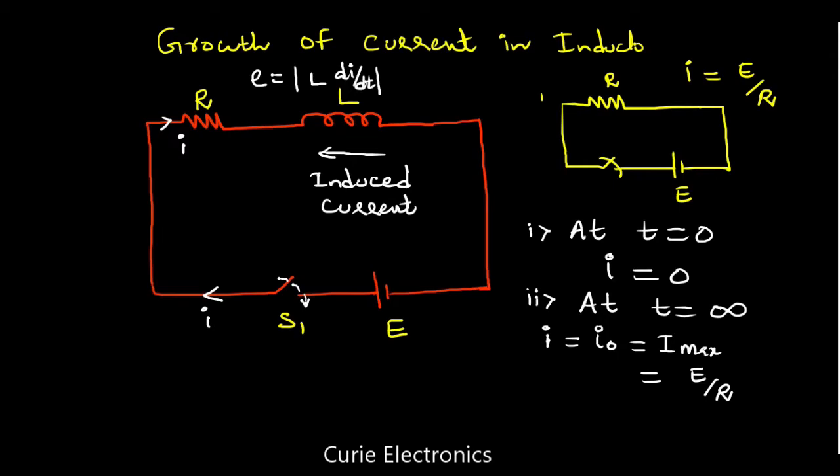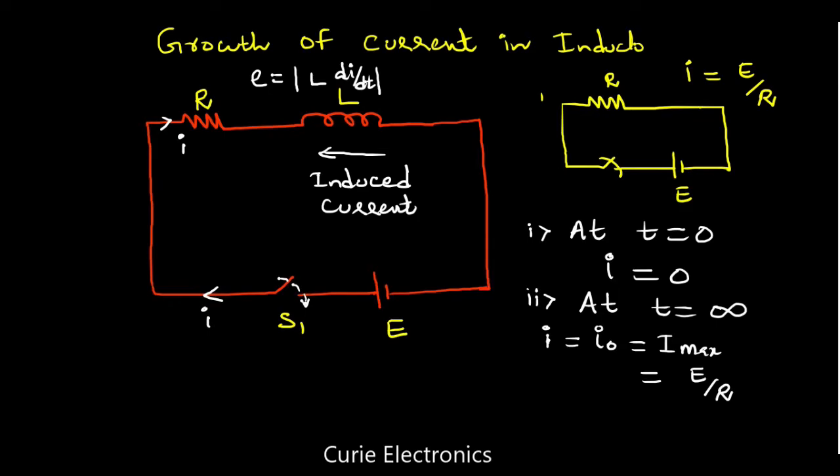So this inductor we can replace with an EMF. I hope you have understood these things. The current growth that happens is an exponential growth. At the instant the switch is closed, the inductor acts like an open circuit and there is no current flow through the circuit.